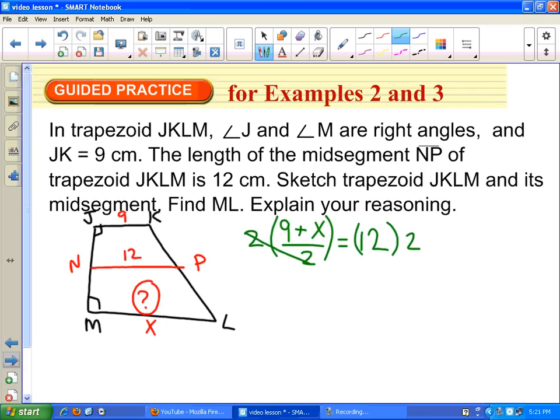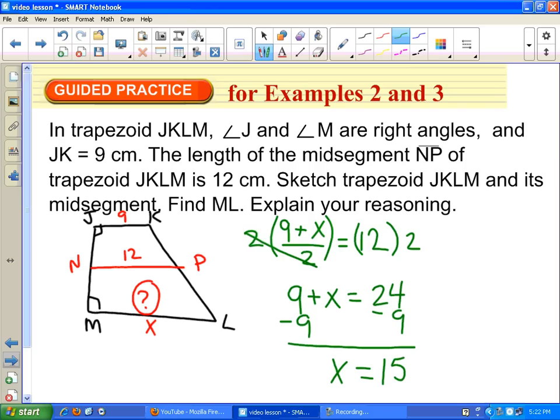When I do that, my 2's cancel. Got 9 plus X equals 24. I'm just going to subtract my 9. X is going to equal 15. 15 centimeters.